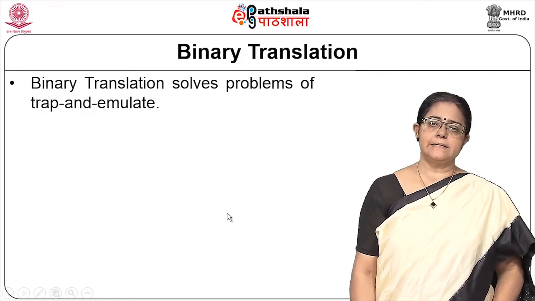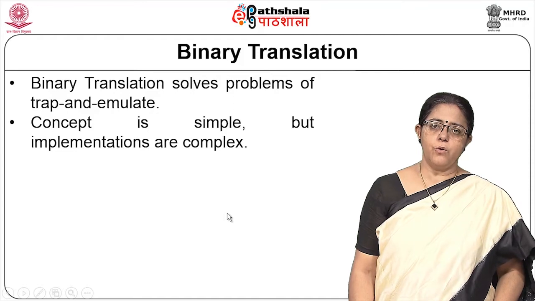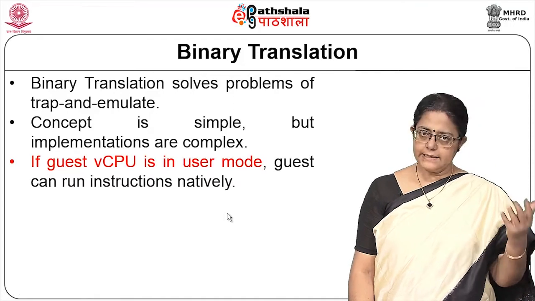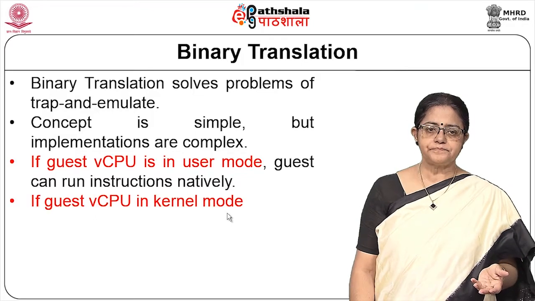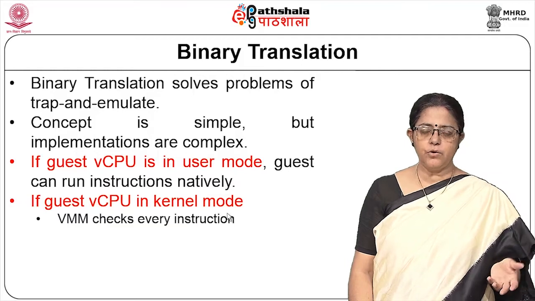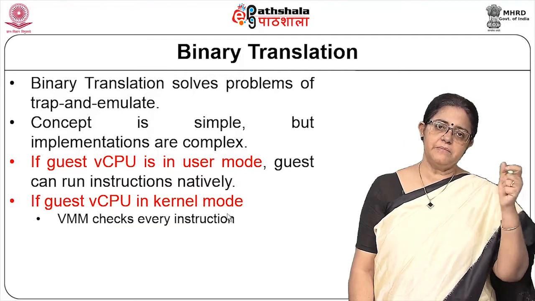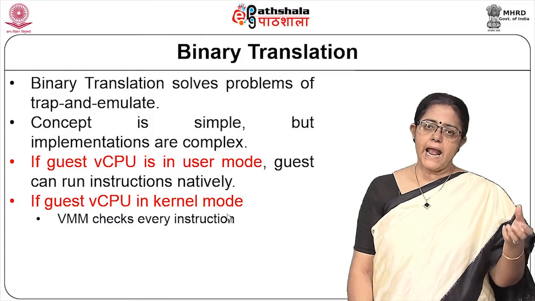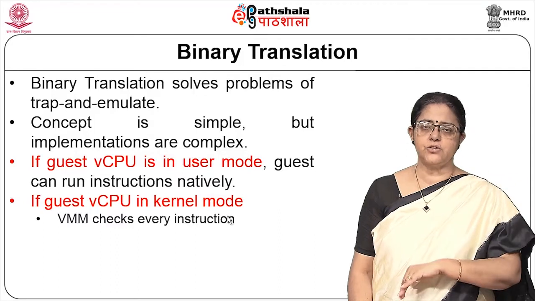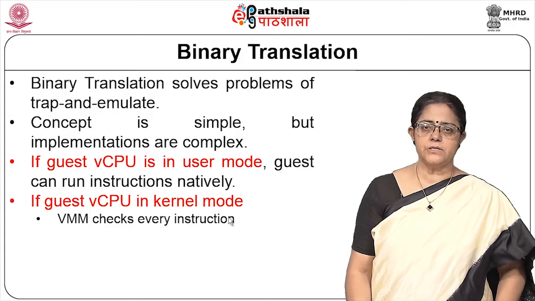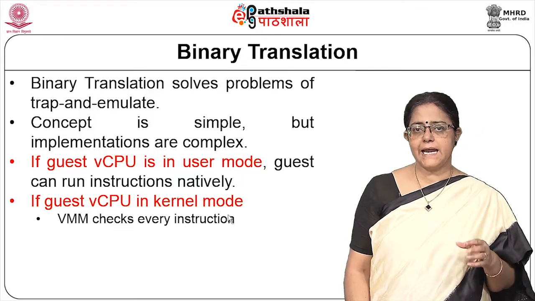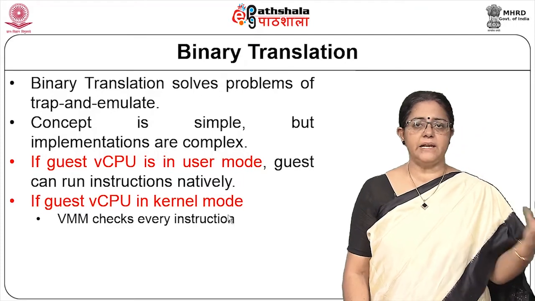In binary translation, what we do is the guest vCPU is run in the user mode as usual. If the guest vCPU is trying to run in the kernel mode, at that time the VMM inspects all the instructions and ensures that the sensitive instructions are trapped. So, translation happens, it is not emulation.